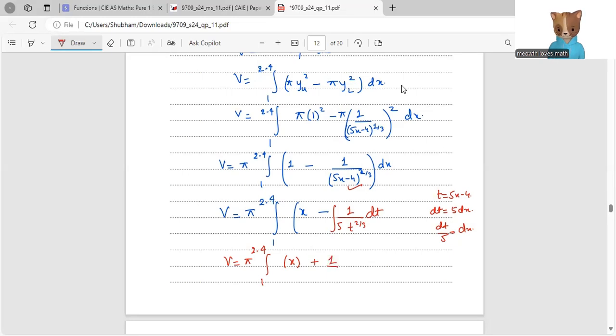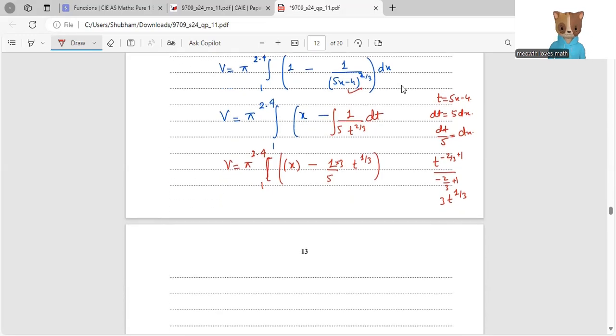We have the constant 1 by pi and this will become t to the power minus 2/3 plus 1 over minus 2/3 plus 1. We have to integrate this, right? And the sign is negative. So let it be negative. So this becomes t to the power 1/3 times 3. So 3 gets multiplied here. And then we have t to the power 1/3. Okay. So this is what we got from the limits 1 to 2.4.